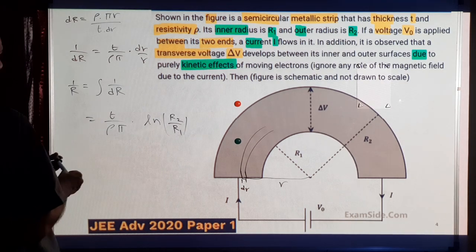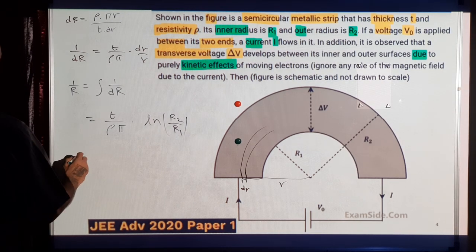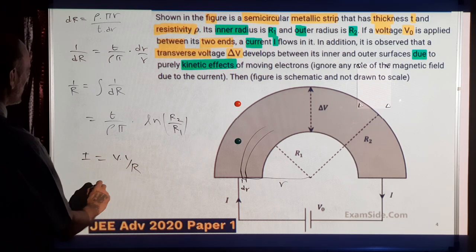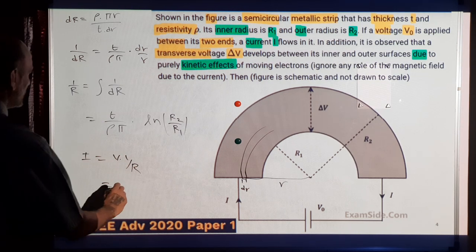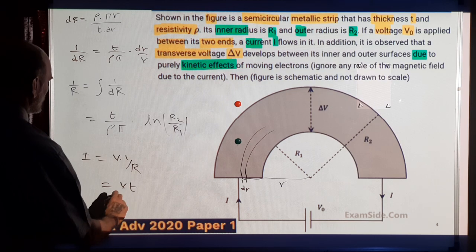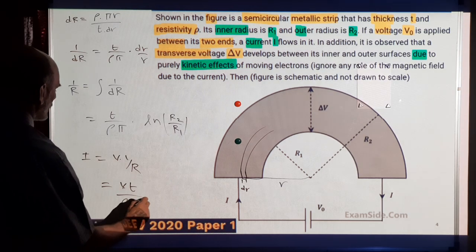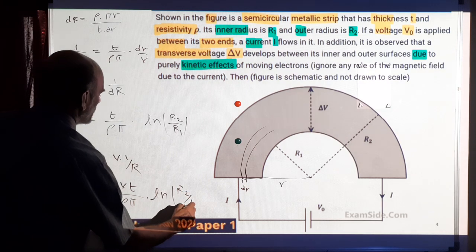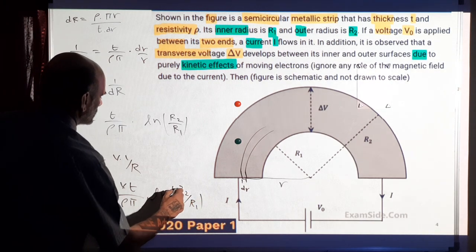And Ohm's law is V equals I into R. So from this I'll get I equal to V into 1 by R. If I multiply this by V, I'll get the current, into ln of R2 by R1.